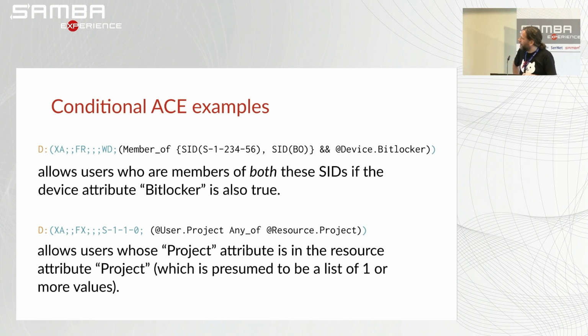So this one is saying allow members of these SIDs, and the device has got the BitLocker attribute true. So that's the device. What's a device claim really? It's a device attribute, and it's somehow coming from the device. And that member of is actually talking about the object, I think.